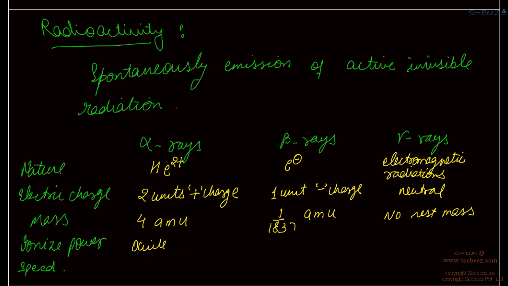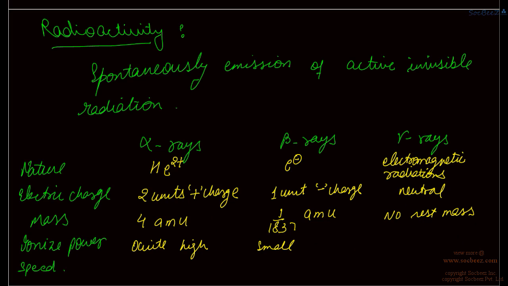The ionizing power of alpha rays is quite high. In the case of beta rays, since kinetic energy equals half mv squared, their kinetic energy is very low because of the very small mass, and hence their ionizing power is small.